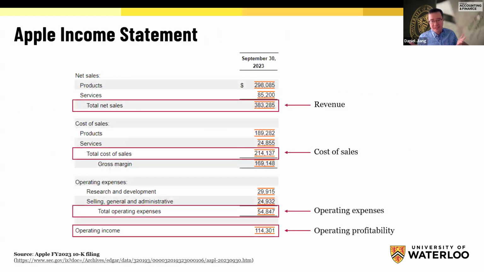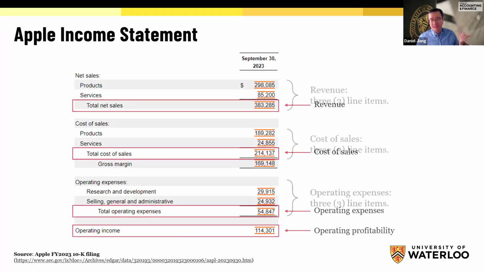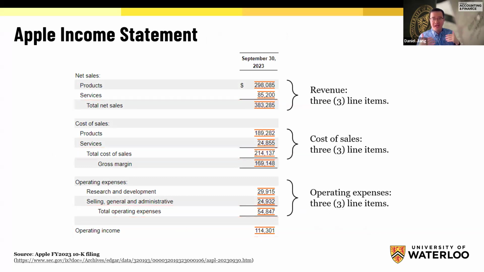So empirically speaking, to calculate operating profitability, we subtract both the cost of sales and the operating expenses from the revenue. And all these line items can be very easily extracted from the income statement. However, firms can actually exercise their discretion to provide more granular information by breaking down those line items into their respective components.